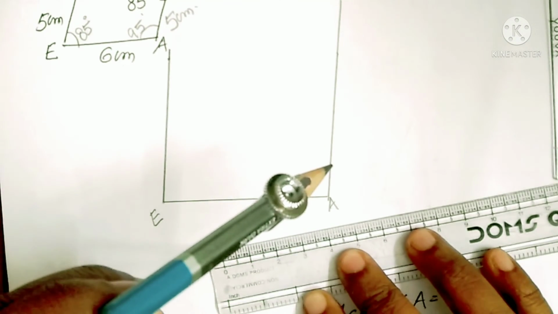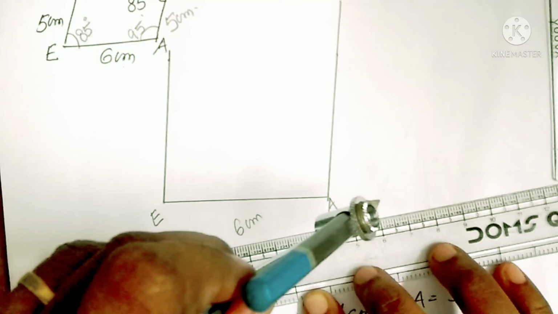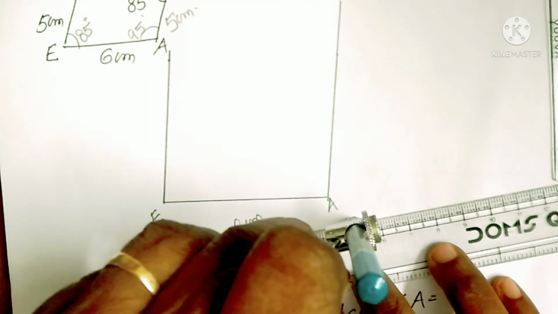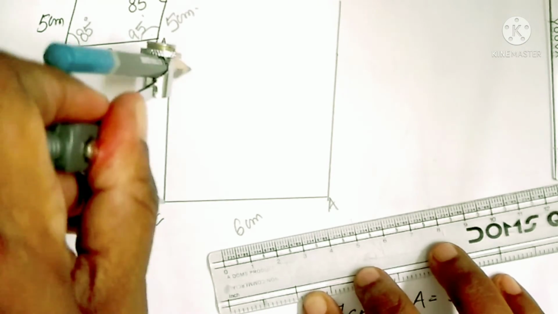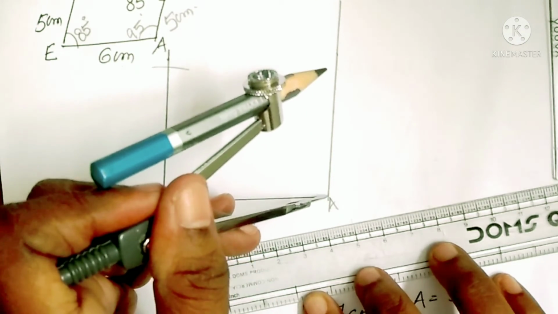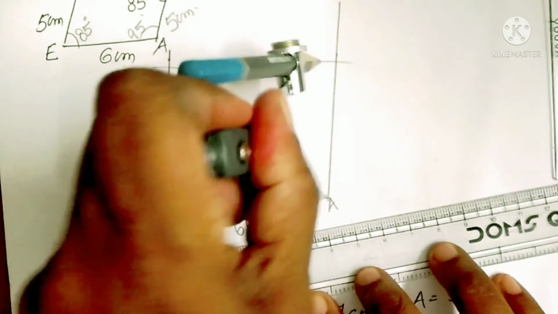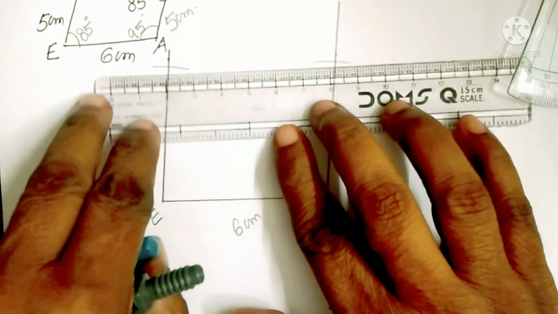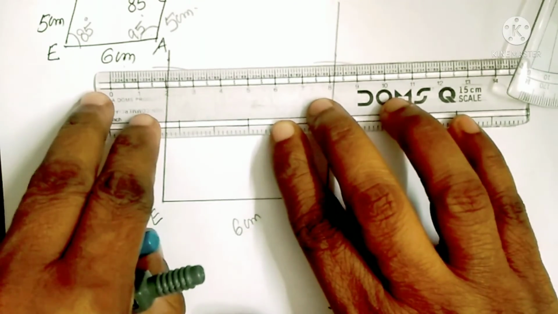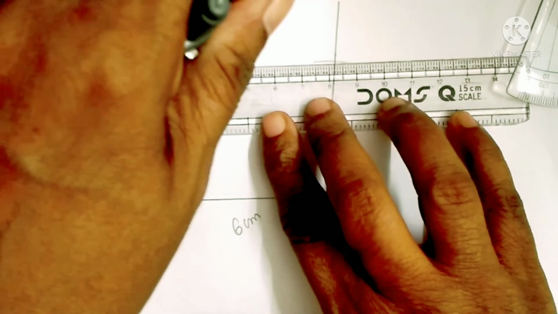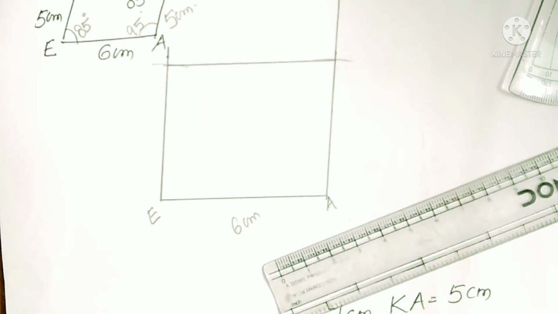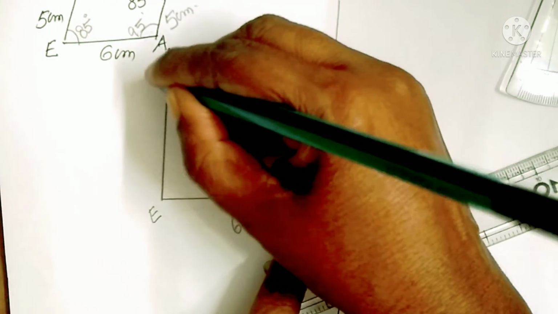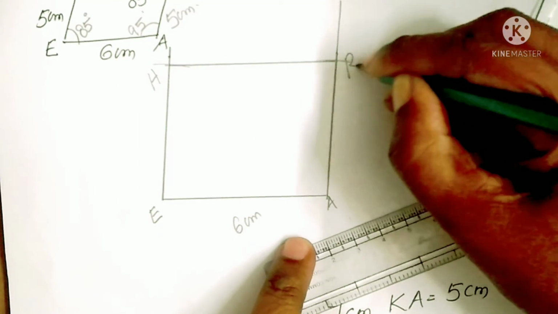It is 5 centimeter. So, take 5 centimeter in the compass. Since both the sides are equal, we can mark from A and from E both and then join them. So, this construction was very easy, right? E, A and this is H and this is R.